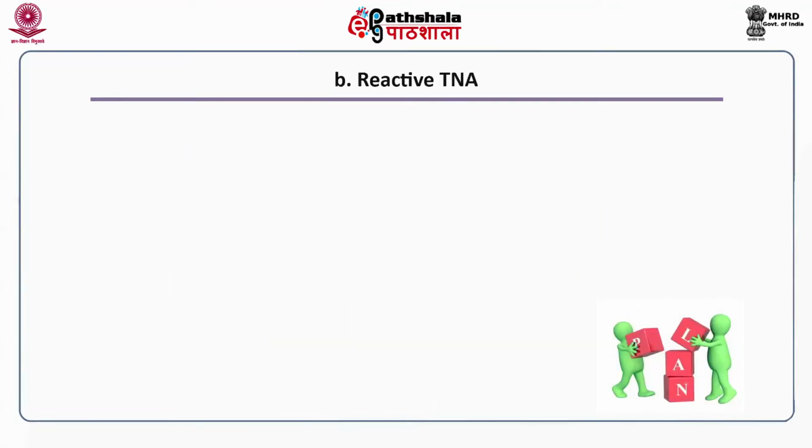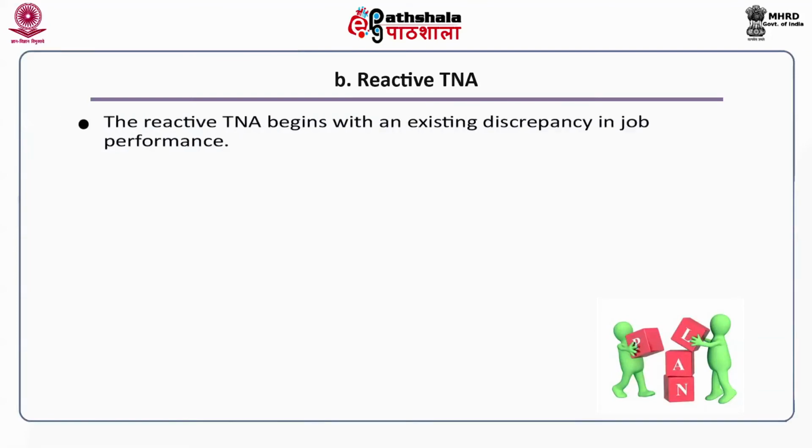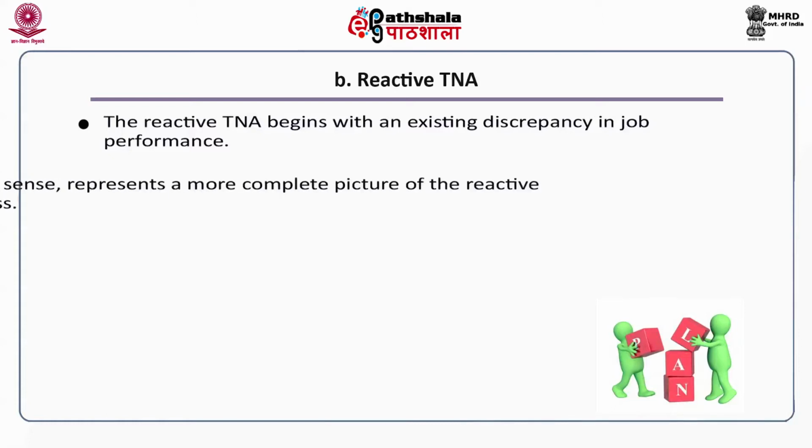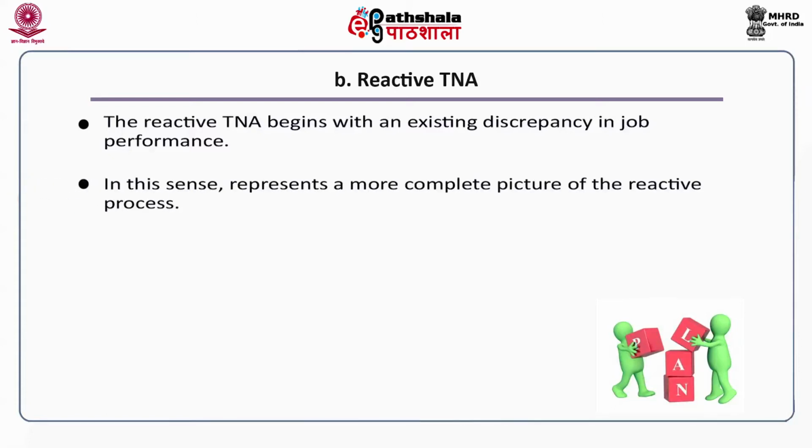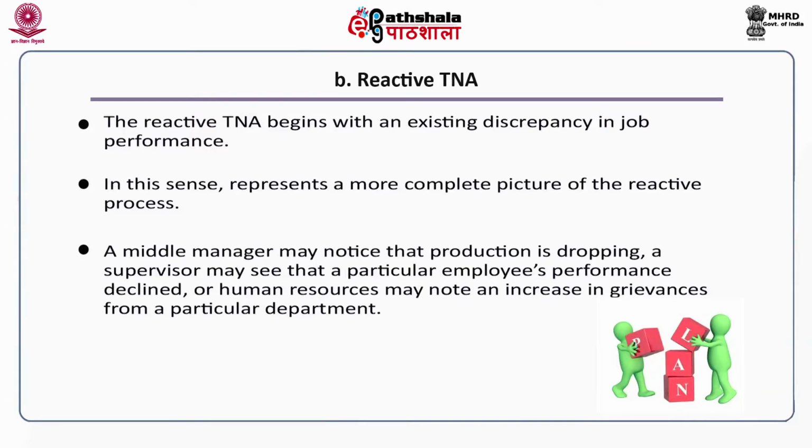Now we shall discuss reactive TNA. The reactive training need analysis begins with an existing discrepancy in job performance. In this sense, it represents a more complete picture of the process. A middle manager may notice that production is dropping. A supervisor may see that a particular employee's performance declined, or human resource may note an increase in grievances from a particular department.